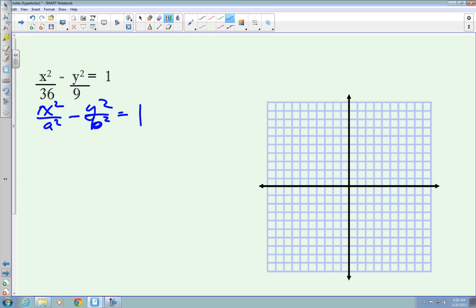So if a squared equals 36, a is plus or minus 6. This time it will be on the x-axis because it's matched with the x. So you go 1, 2, 3, 4, 5, 6, 0, negative 6.